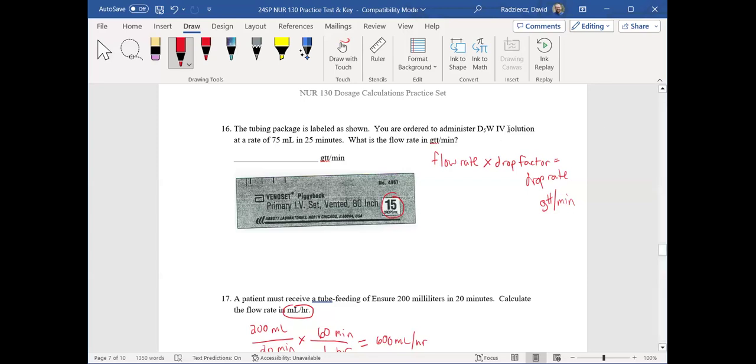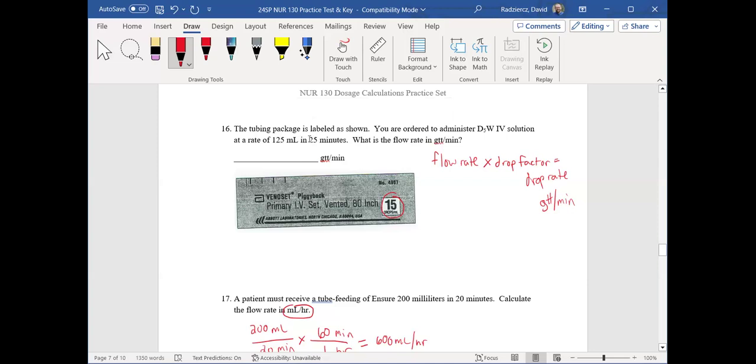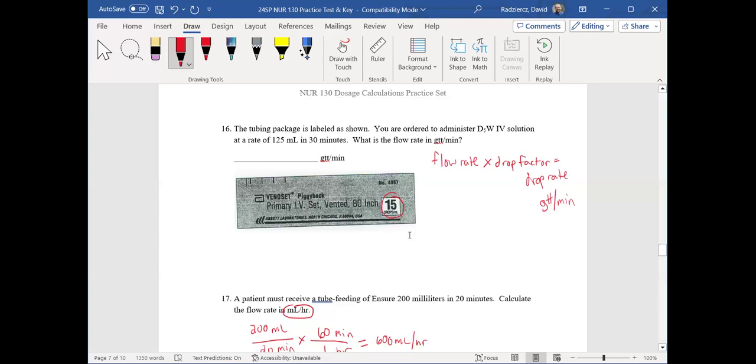All right, so let's change up our values here. Let's do 125. And let's do 30 minutes. That's fine. Just kind of change it up a little bit. Now, before I work through this problem, the first thing you need to know is when it comes to drops, this is another exception from rounding, because you've been taught thus far that when you round, you round to the nearest tenth if it's a number greater than 1, and if it's a number less than 1, round to the nearest hundredth.